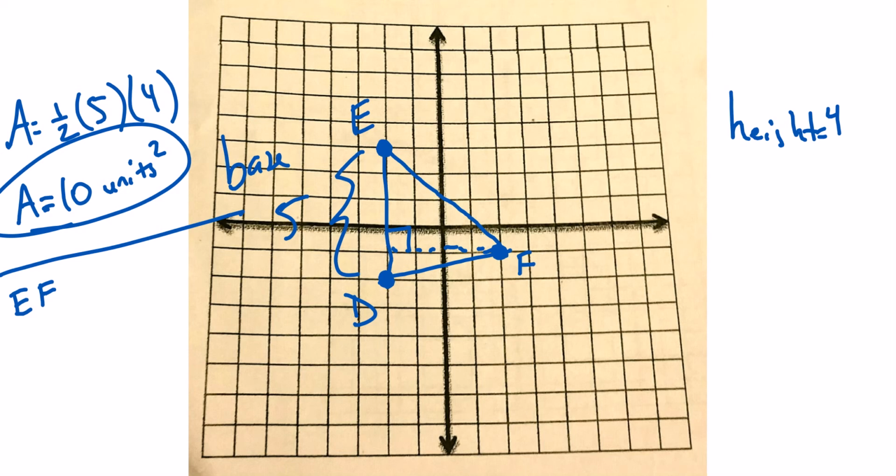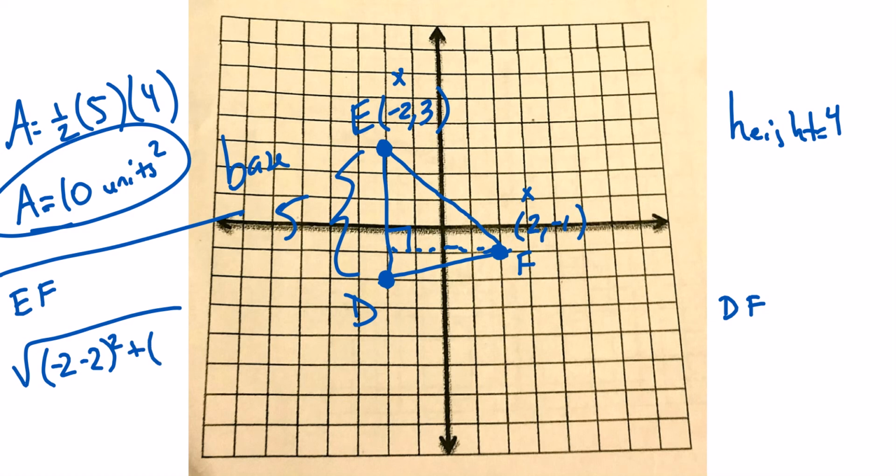Now perimeter, I have to find EF and I have to find DF. So remember, I'm going to be using my points. For E and F, E is -2, 3, and F is 2, -1. So remember, I put the x's together and the y's together. Underneath the radical, I'm going to do -2 minus 2 squared plus 3 minus -1 squared.